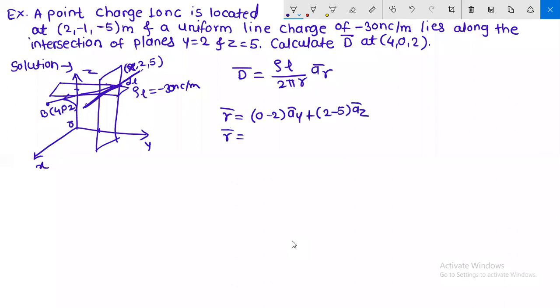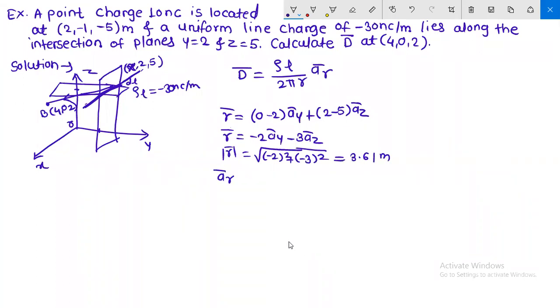So r bar is equal to minus 2 a bar y and minus 3 a bar z. So find mod of r bar, which is equal to square root of minus 2 square plus minus 3 square, which is 3.61. Again the unit is meter.